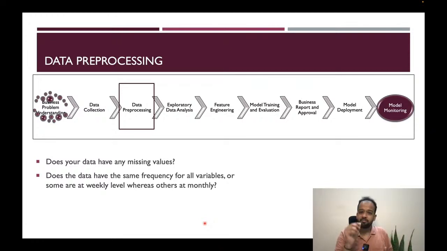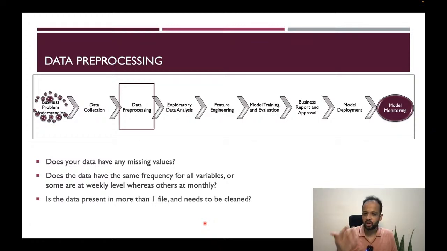Some data sets are at particular item levels that were sold, with the unique tag that they were sold. Some are at a product category level, right? Some data sets are just at a big company level. So you need to make sure that your data is at the same granularity. Otherwise, you'll not be able to merge and use it.